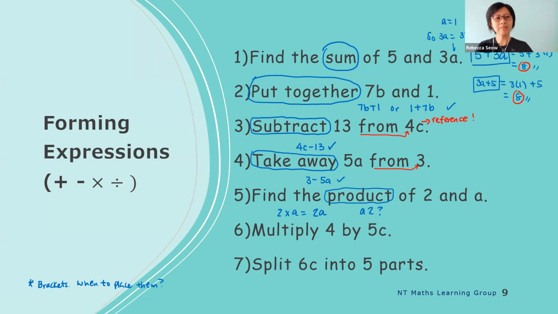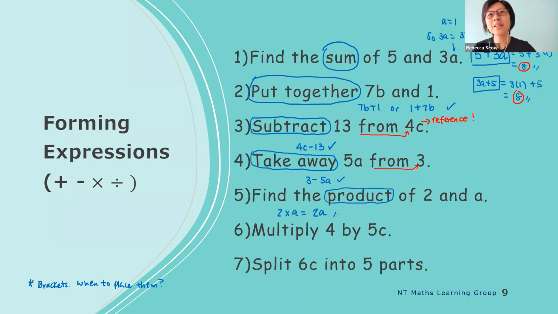Convention means how mathematicians and scientists usually write it. It's always the number first, then letters. Even if there are different letters, it's always in alphabetical order, so the letter that comes first is written first. We don't write A2, it's 2A.